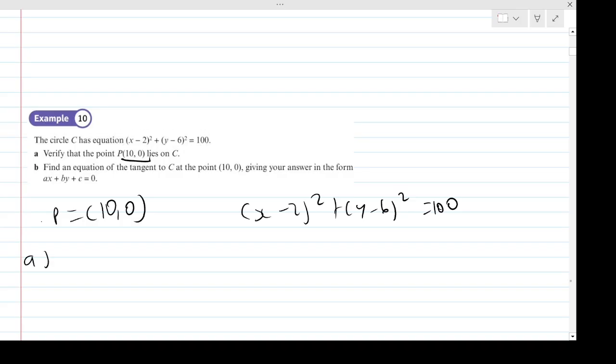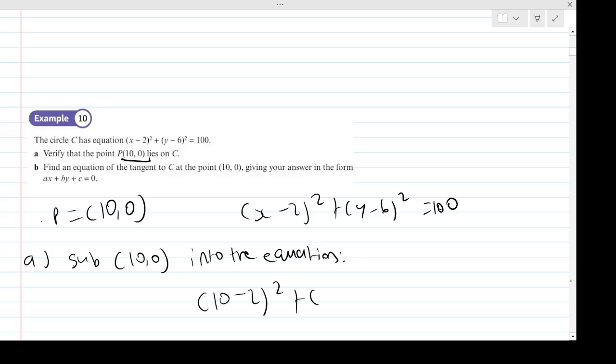So we've got the equation there, so all we need to do is to substitute the point in. So I'm going to sub (10, 0) into the equation of the circle. Then x is 10, I get (10 − 2)² and then y is 0, so (0 − 6)². If I work that out in the calculator, hopefully I should get 100.